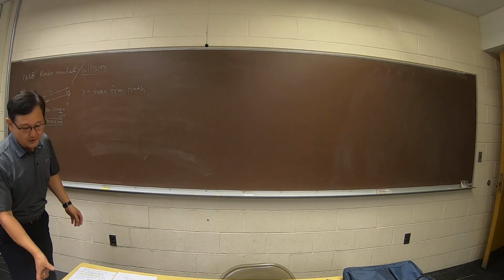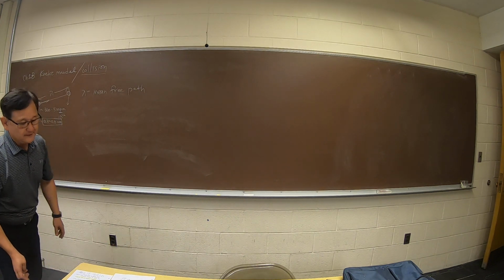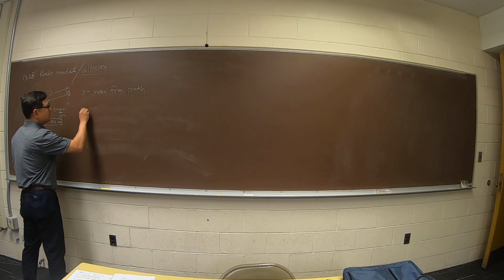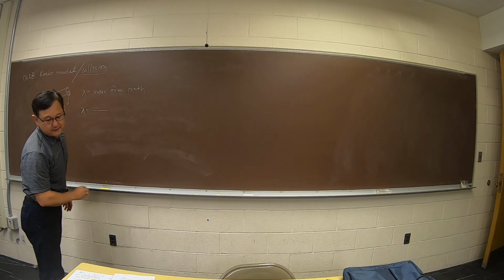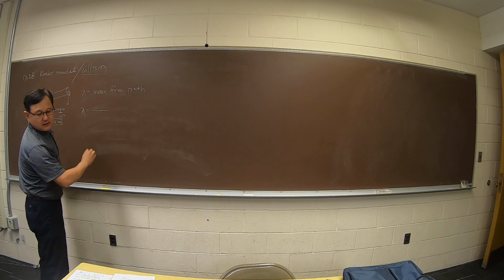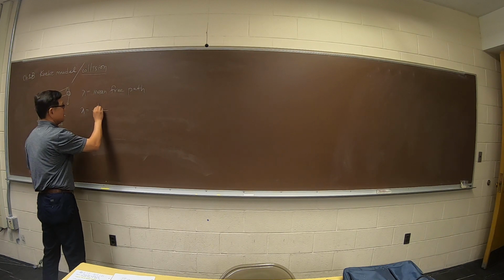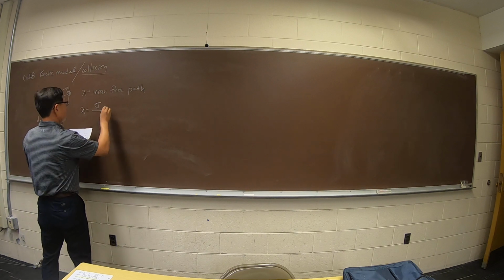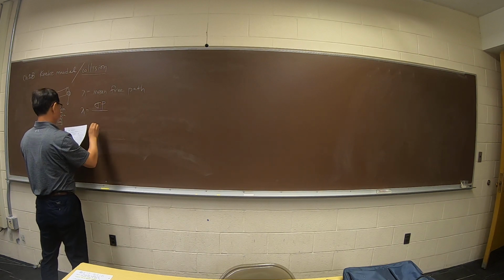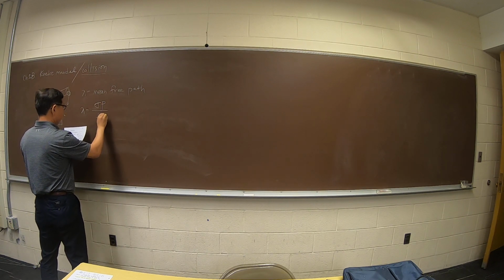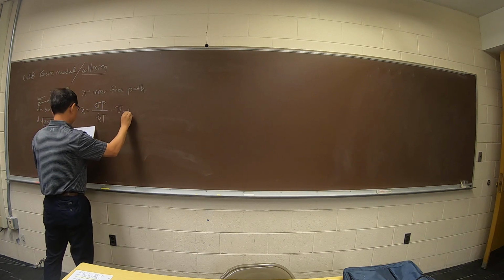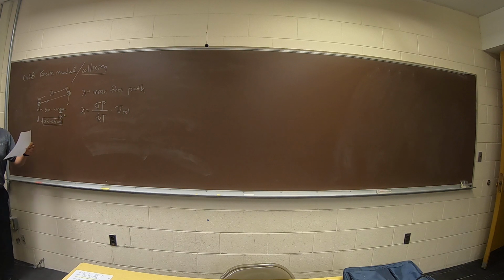So then we have a good equation for that. The mean free path is defined by sigma, p, and the relative velocity.